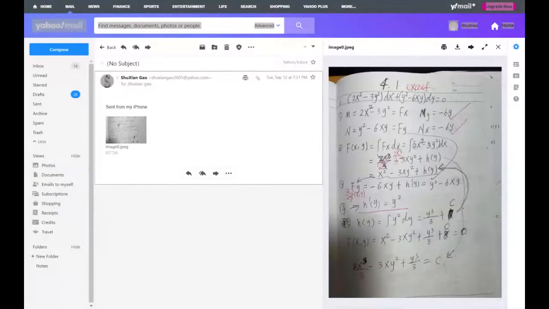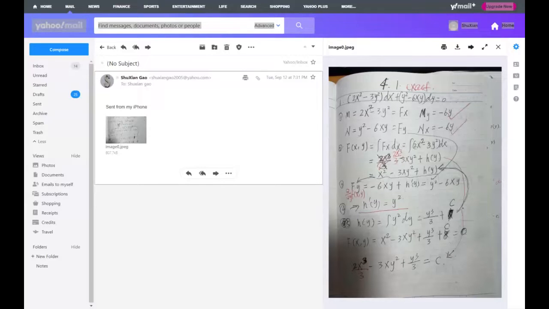My question is: find the general solution of (2x squared minus 3y squared) dx plus (y squared minus 6xy) dy equals 0. I did five or six steps by myself.